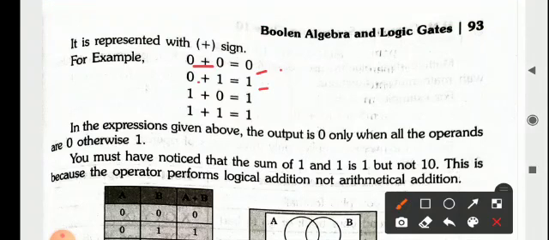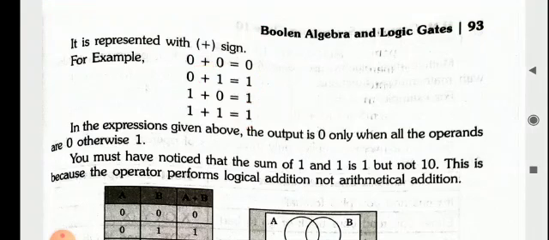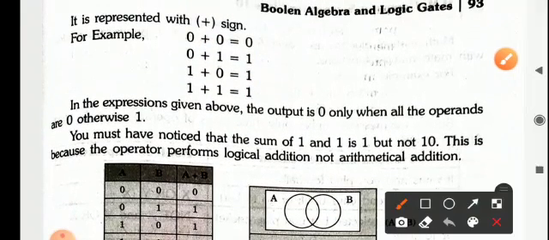Since addition is there, 1 plus 0, again the output will be 1. 1 plus 1, again it will be 1. That means in the OR operator, the output will be 0 only when both the inputs are 0. Otherwise, if either of the inputs is 1, the answer will be 1 only, because it is an addition.